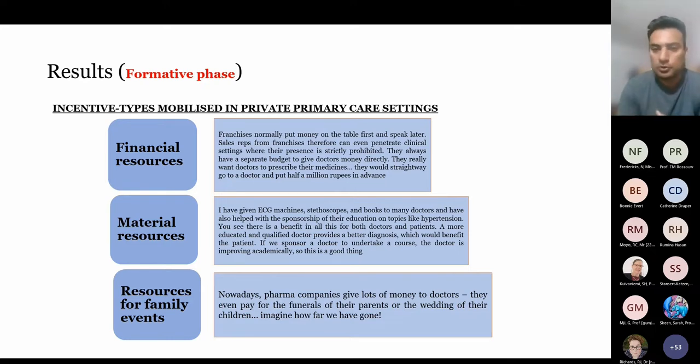What incentive types do GPs receive from pharmaceutical companies, the factors that lead to pharmaceutical incentivization, and then implications on patients' health and well-being. So in terms of what incentives GPs get from pharmaceutical companies, we found that GPs are usually offered and take a range of incentives from pharmaceutical companies and prescribe medicine to meet pharmaceutical sales targets.